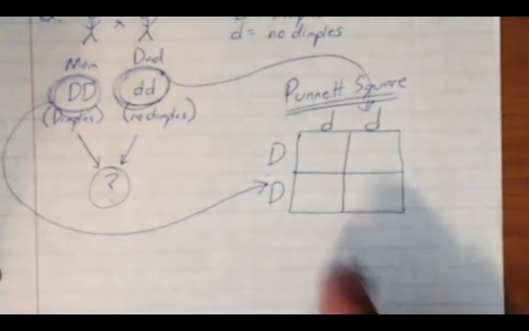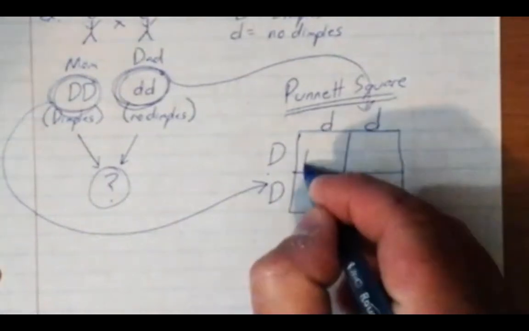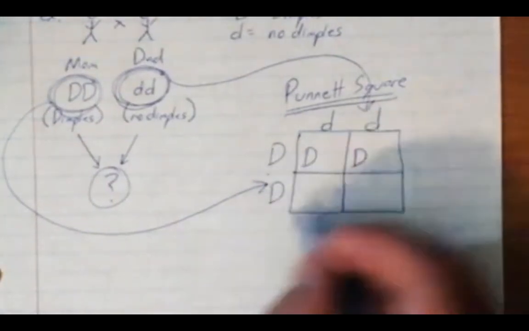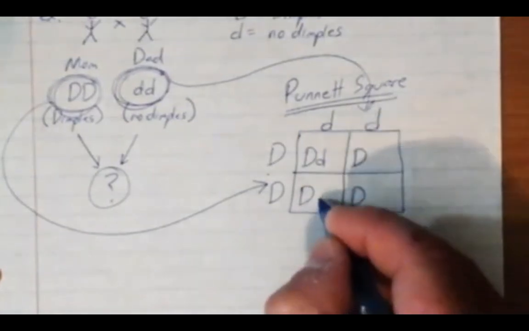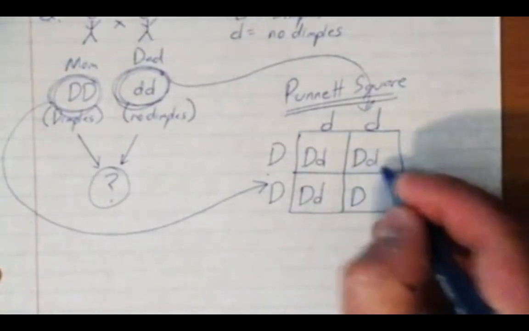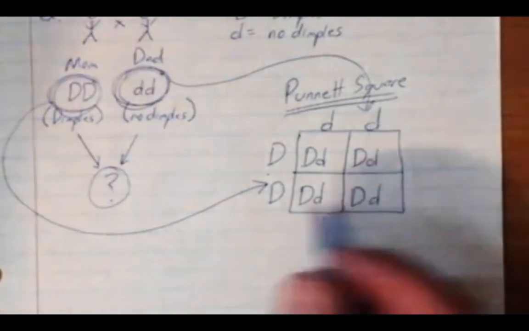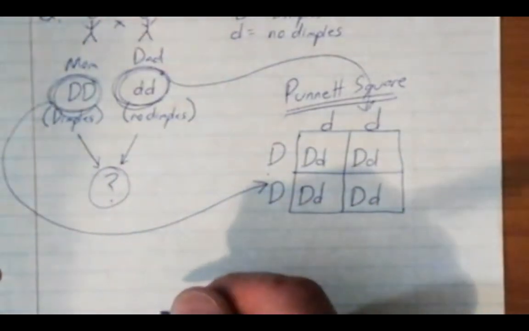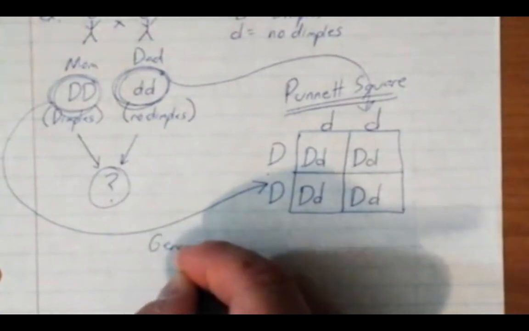And so then I go, okay, it's just like in math class when you match them up. All right, capital D here goes across, capital D, across. The little d goes down. So boom, boom, boom, boom. So these are the 4 possibilities for their child. And so the way you read this is, first you do the genotypes. You say, okay, the genotypes.